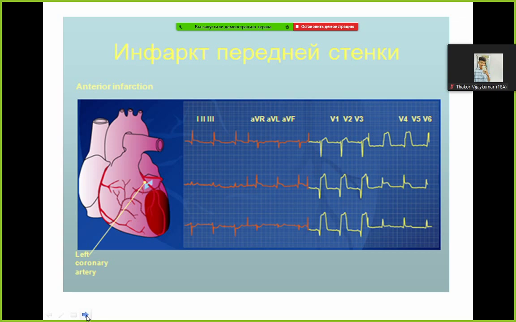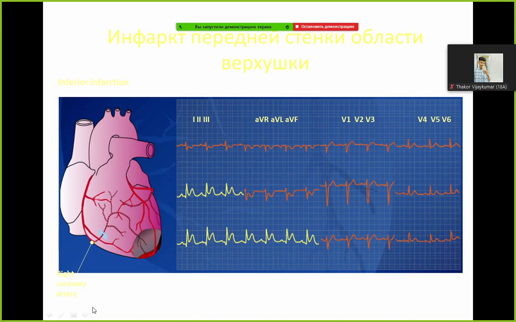So this is example of myocardial infarction of the anterior wall of left ventricle, where ST segment elevation and pathological Q waves in the V2, V3, and V4, V5 chest leads, and reciprocal ST segment depression in the third and aVF.